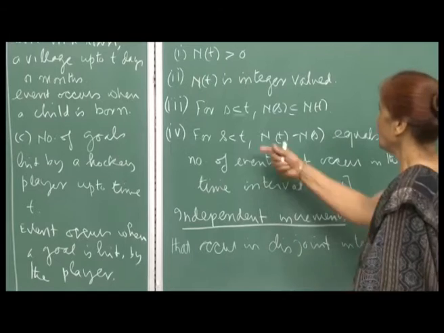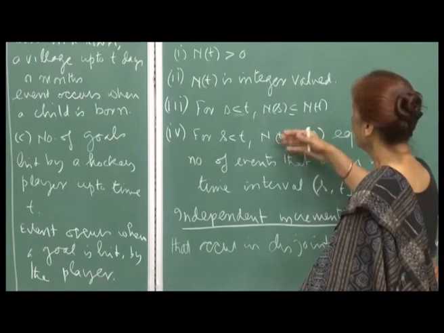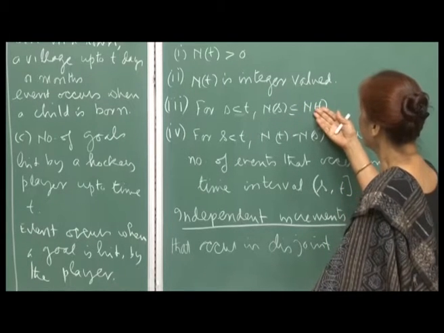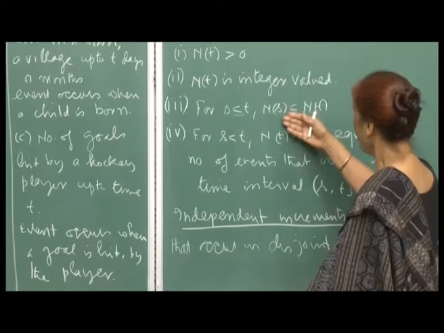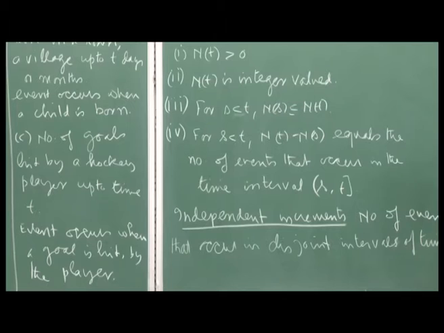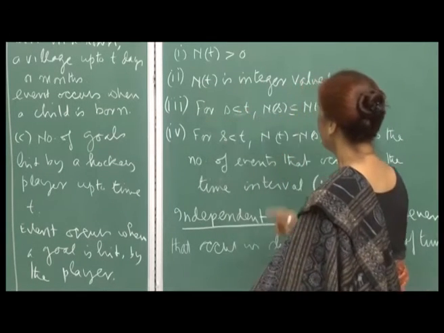And for s less than t, N(s) must be less than or equal to N(t). Either no event occurs in the interval after time s, or some event occurs. Therefore, N(s) must be less than or equal to N(t).